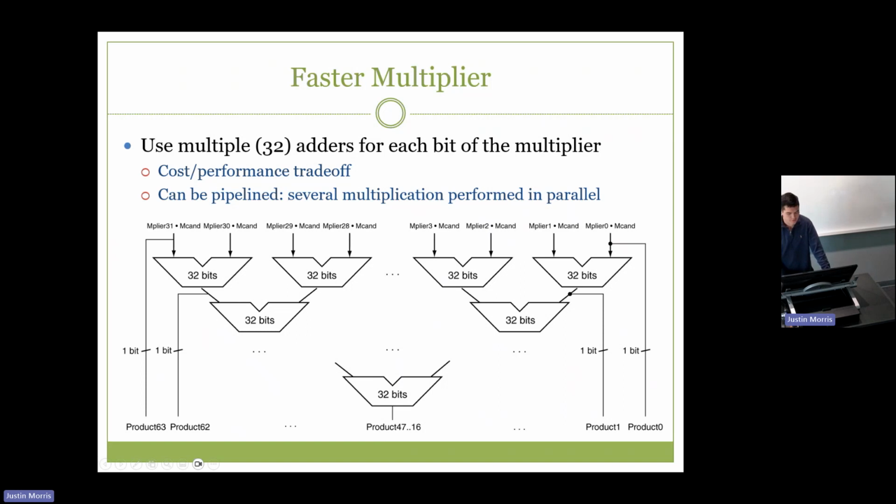So if you have a fixed number of bits for your multiplier and multiplicand, this might be a good option if, again, area is not a concern and performance is your highest concern. And we'll talk a little bit about division for this as well. But for division, you can't do everything all at once. So you're not going to be able to do this one-cycle hardware for division.